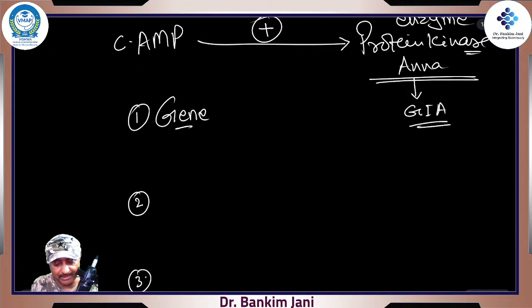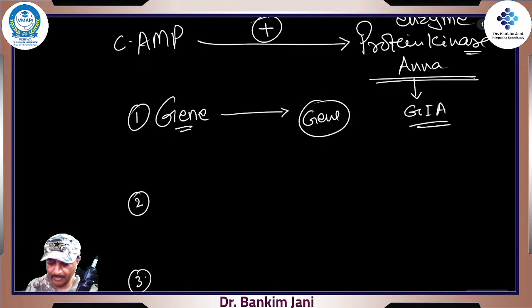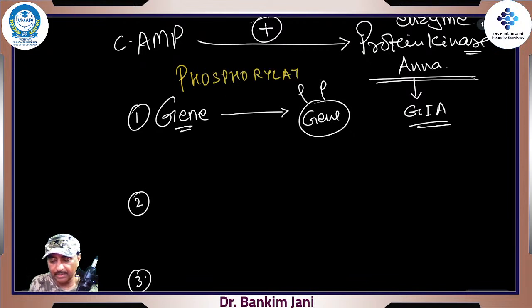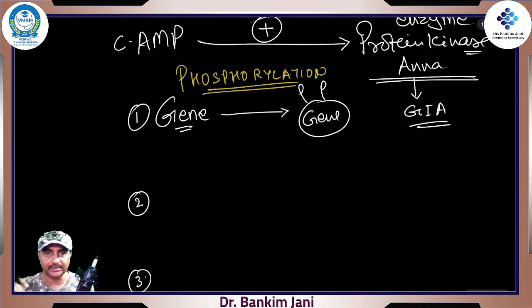So first, gene. This protein kinase A acts on the gene, and what it does is add phosphates to the gene. This is called the process of phosphorylation. Remember this every time: whenever there is phosphorylation, that means the phosphate is added. When the phosphate is added, they become happy.